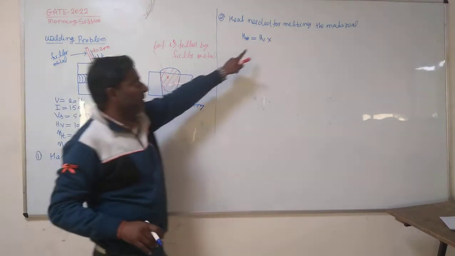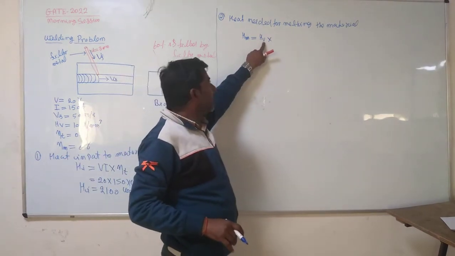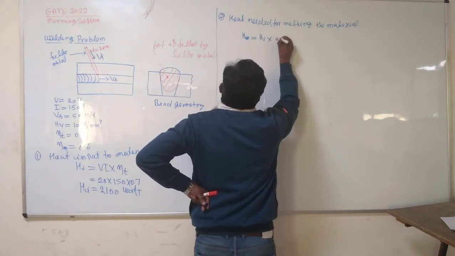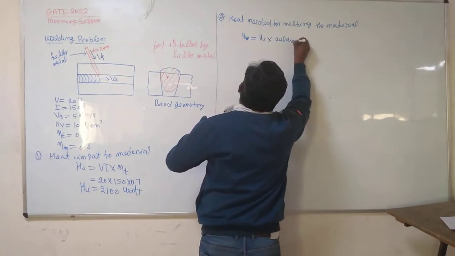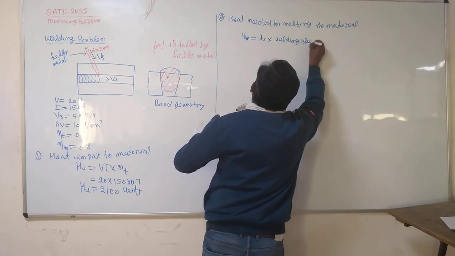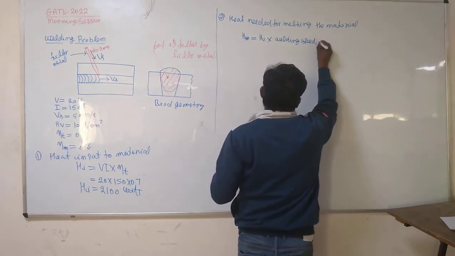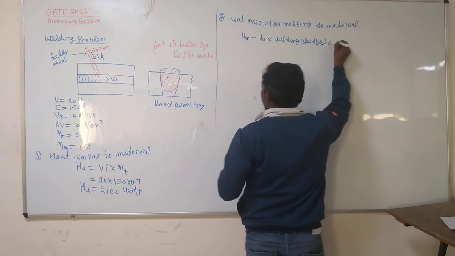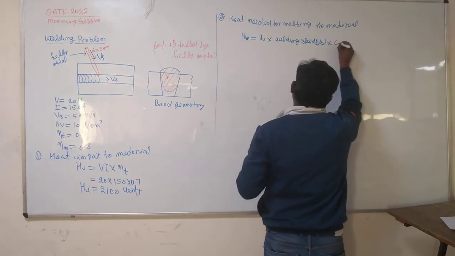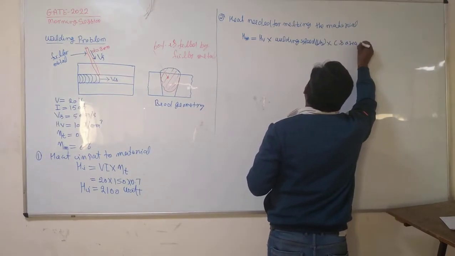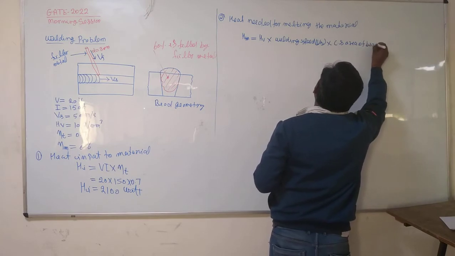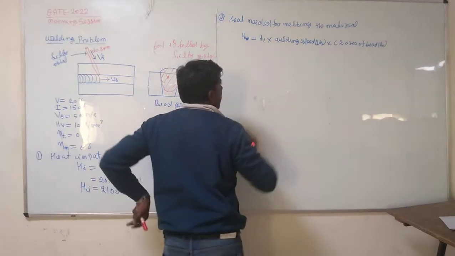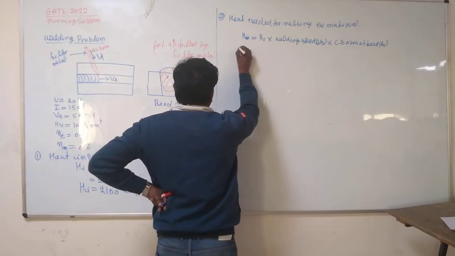So heat needed per unit volume of the material into the welding speed, let us say Vs, into the cross-sectional area of the bead, let us say AC.